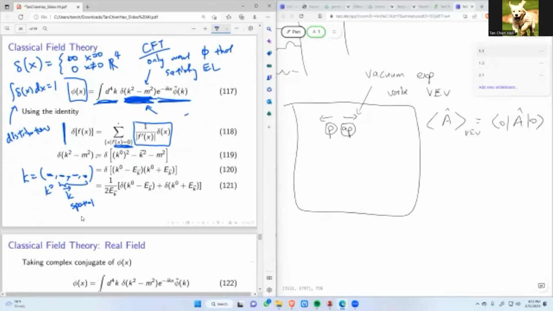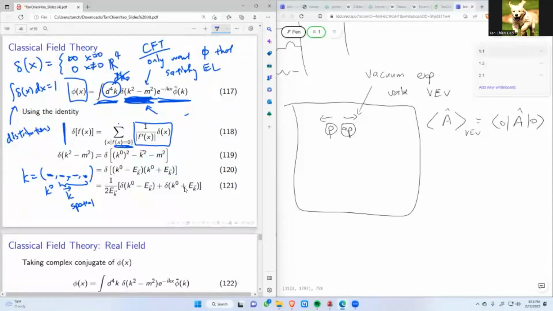The reason I want to split it this way is because for this four momentum, I want to essentially get rid of the d k naught integral, to give me a resultant d cubed k. I want to get rid of the time component because it feels the most natural to get rid of. So I split it up this way because I want to eventually integrate out k naught.